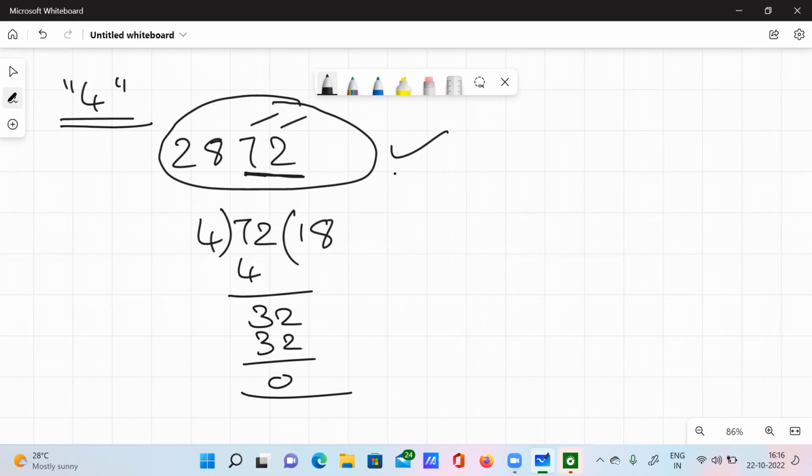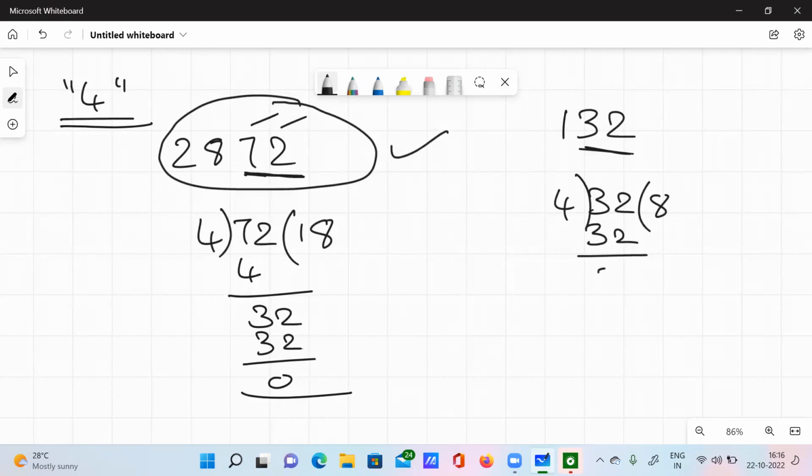I'll tell you another example. For example, 132 here. So just have a look at the last two digits of the number. What is that? 32. That 32 is divisible by 4. Let's check. 4 8s are 32, right? So you can definitely say that this 32 is divisible by 4. So hence this whole 132 number is also divisible by 4.